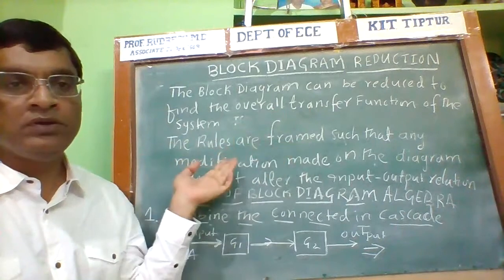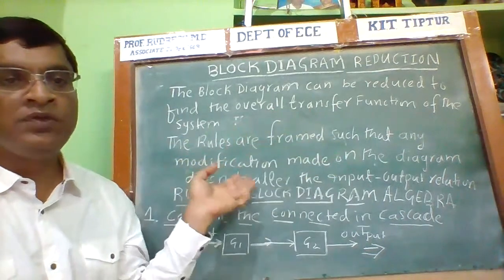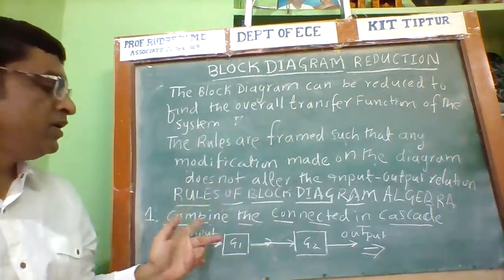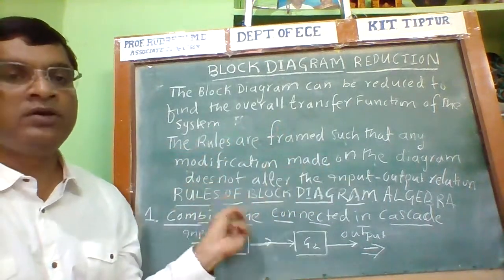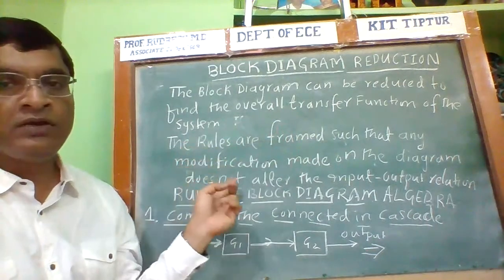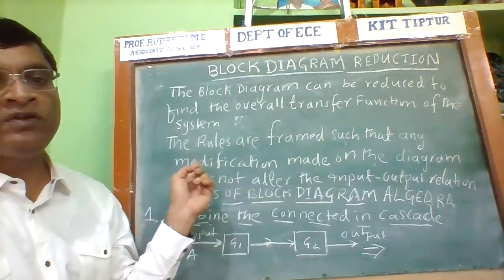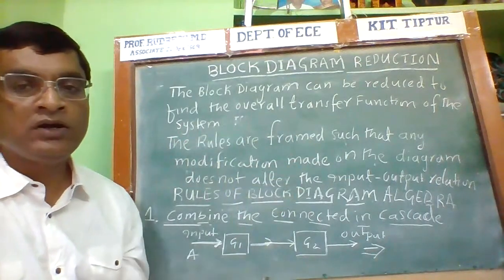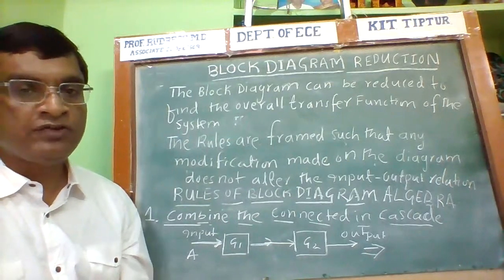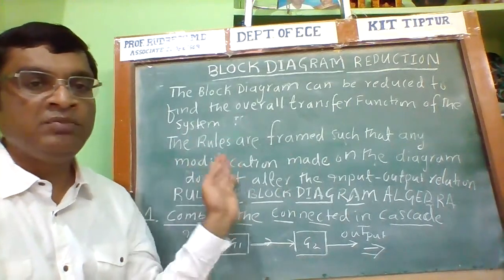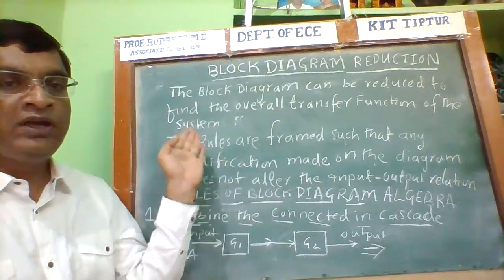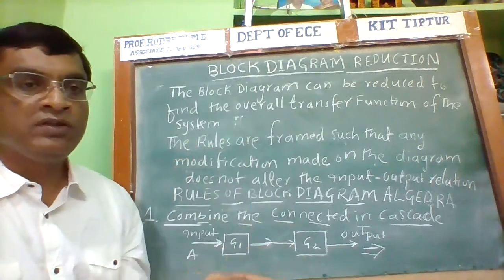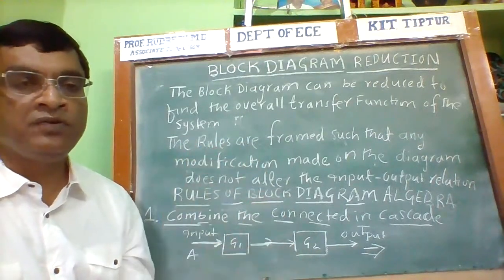In order to reduce the block diagram, we use some rules. Those rules are called the rules of block diagram algebra. The rules are framed such that any modification made on the diagram does not alter the input-output relation.